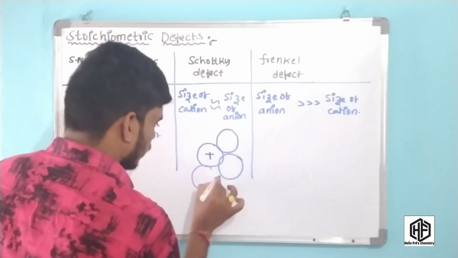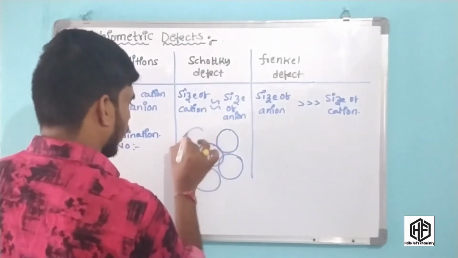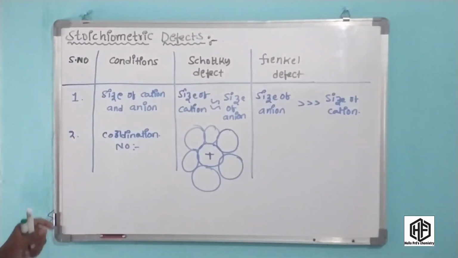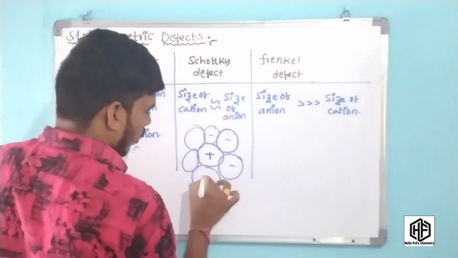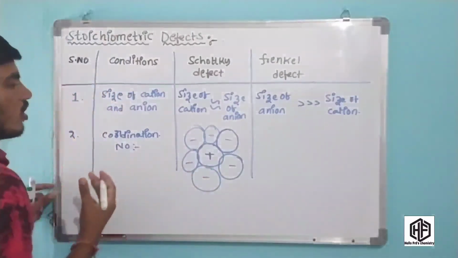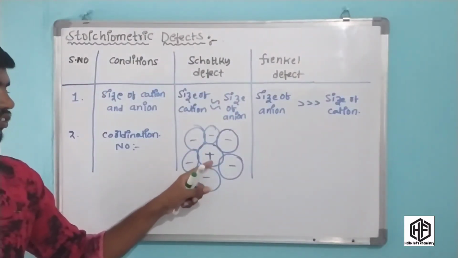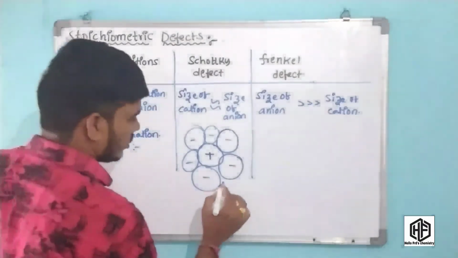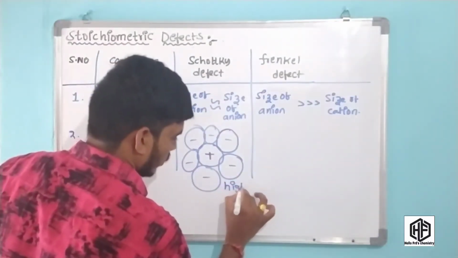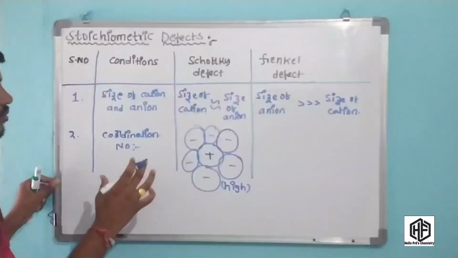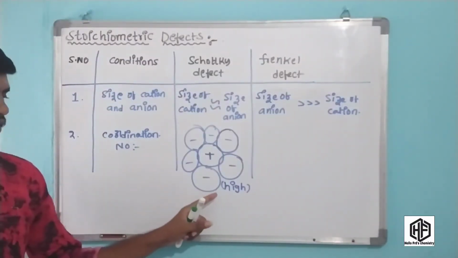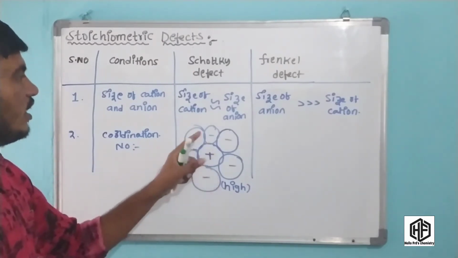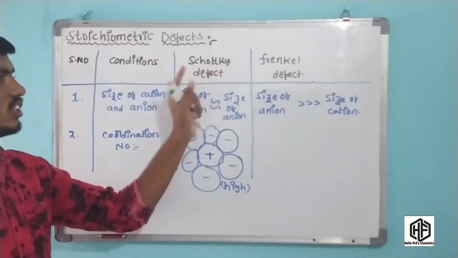Okay, friends, it means the nearest neighbor atoms are very high in Schottky defects. There are a number of anions touching this cation. It means the coordination number is very high in this Schottky defect, because the sizes of cation and anion are the same.